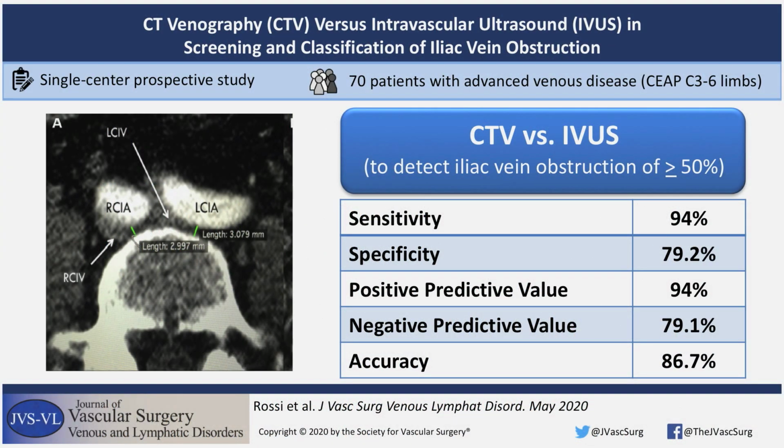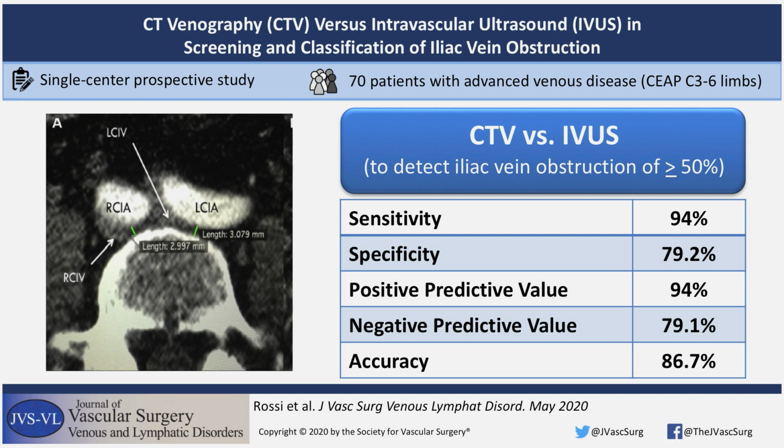In this prospective study, CT venography's power to detect iliac vein obstruction of 50% or greater was compared with IVUS in those patients who had advanced chronic venous disease, CEAP class 3 to 6 limbs.